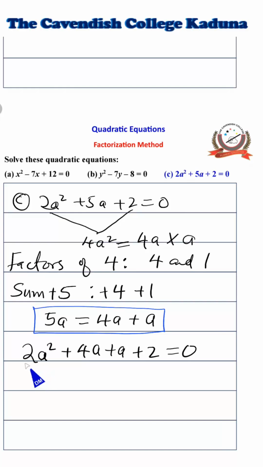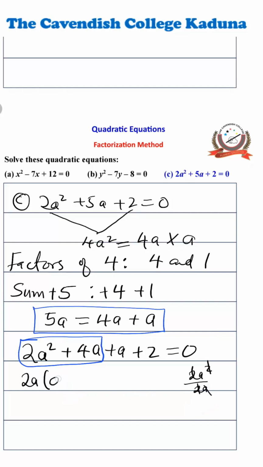We look at the first two terms and factorize. 2a is common. How do we get the other one? It will be 2a squared divided by 2a: 2 goes with 2, a goes with a, so we are left with a.